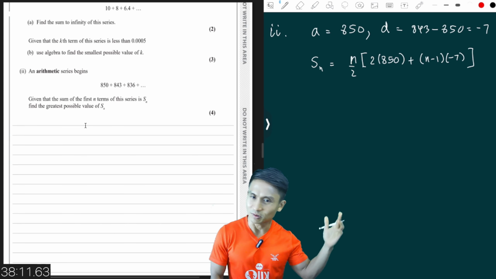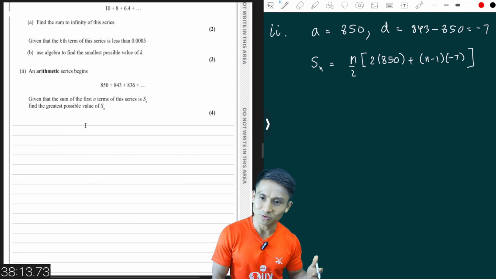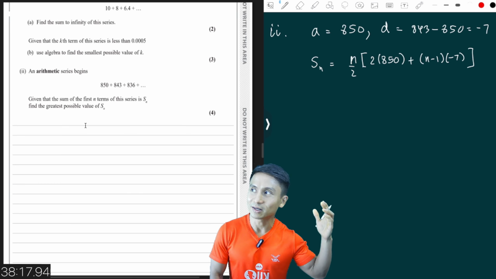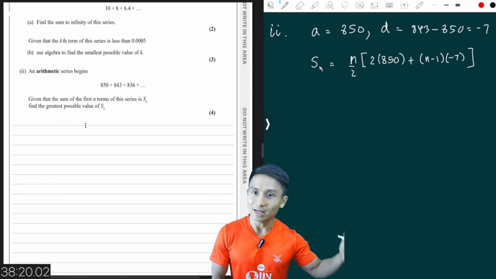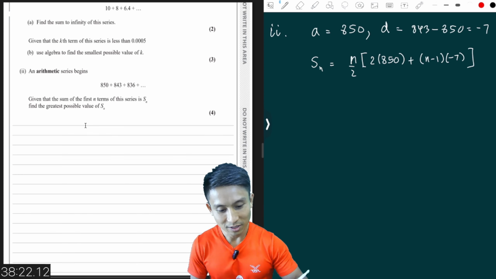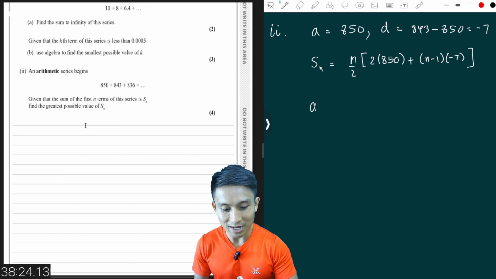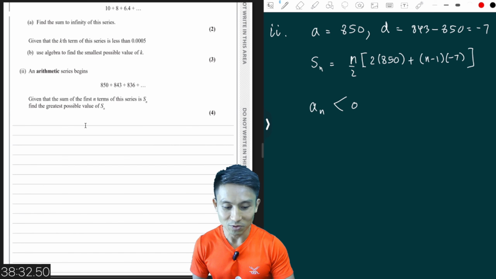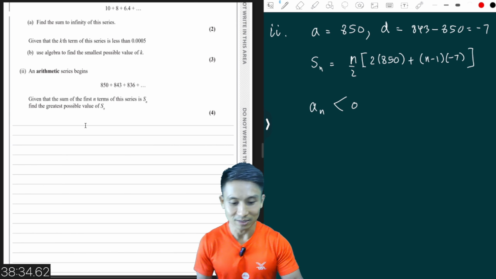So you can't just go forever to maximize the values. If we want the greatest possible, we're going to stop somewhere before getting to a negative number. So how about we find an first, where an is around 0. So let's make it less than 0. What's the first term that will make an less than 0?